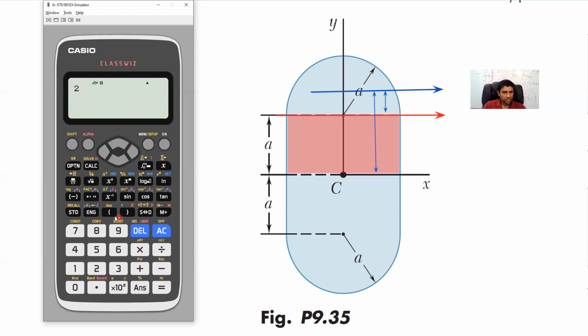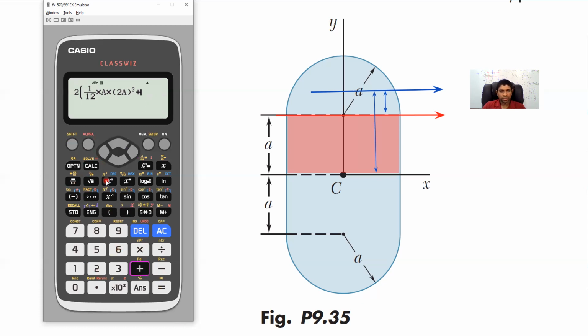Okay, Iy is 1/12 bh cubed, a times 2a cubed, right?